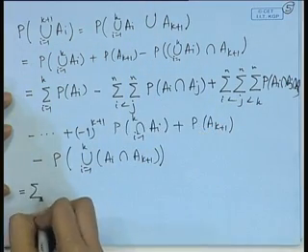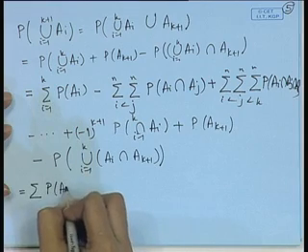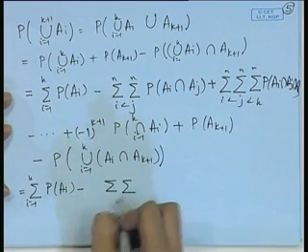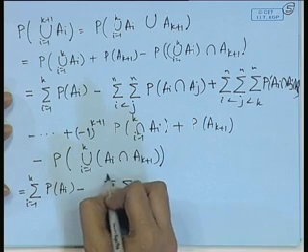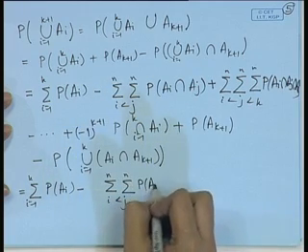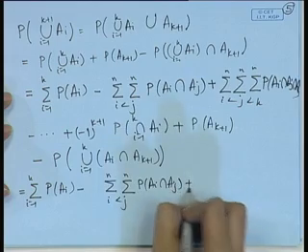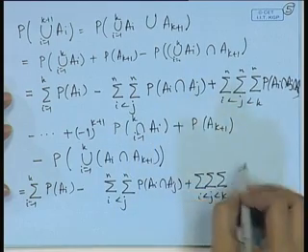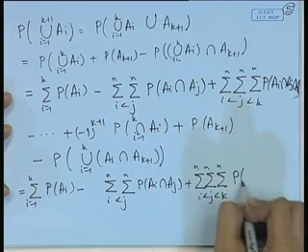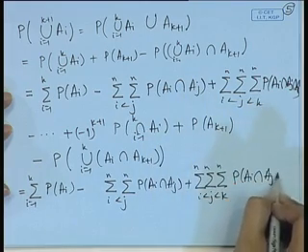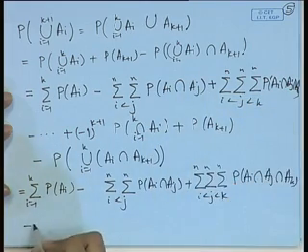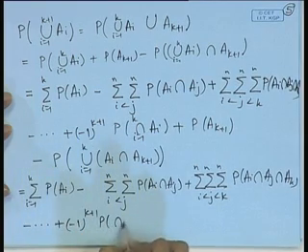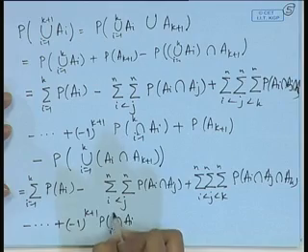So, let me write it here firstly. Sigma probability of i is equal to 1 to k minus double summation i less than j up to n probability of Ai intersection Aj plus triple summation i less than j less than k probability of Ai intersection Aj intersection Ak minus and so on plus minus 1 to the power k plus 1 probability of intersection Ai, i is equal to 1 to k.